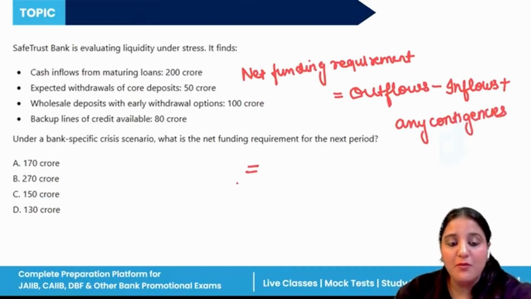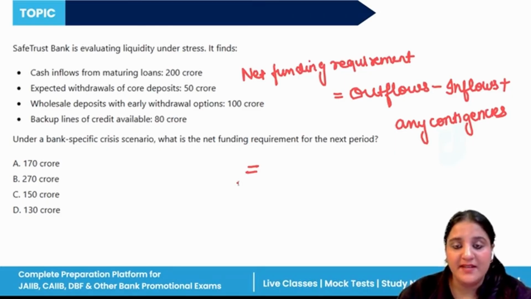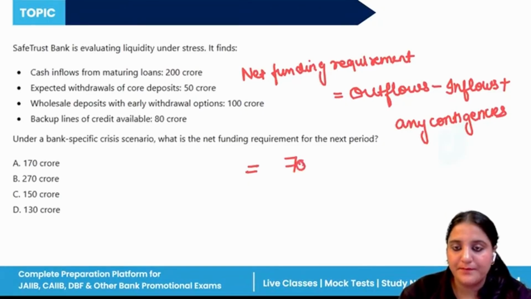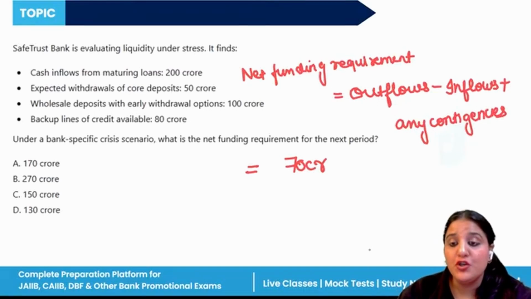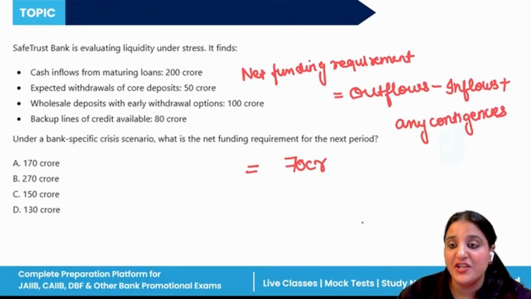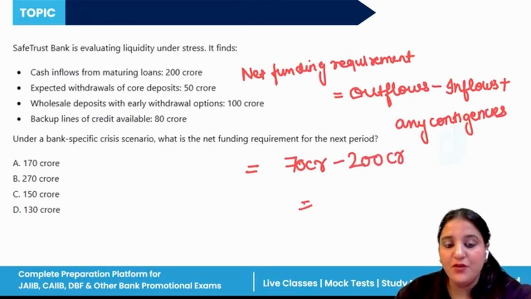That means how much outflow is there? Outflow can be calculated as core deposit withdrawals plus wholesale deposits which are likely to run off, minus backup credit line. So near about 70 crore, right? Then subtract 200 crore, which is the cash inflows. That will give you how much?